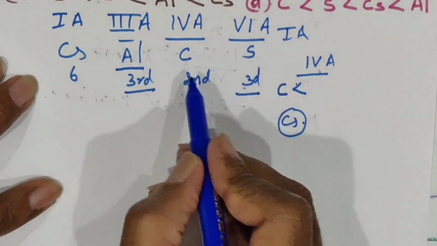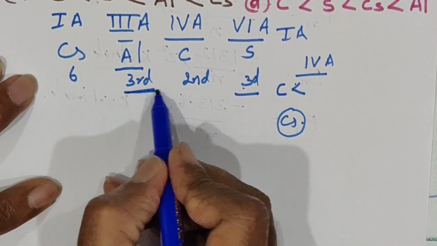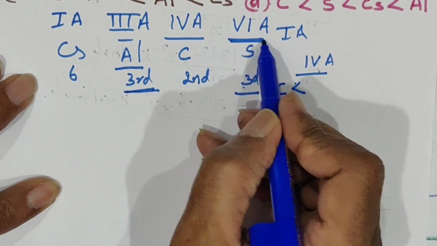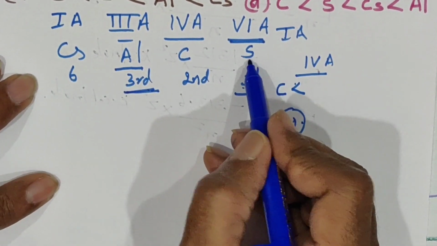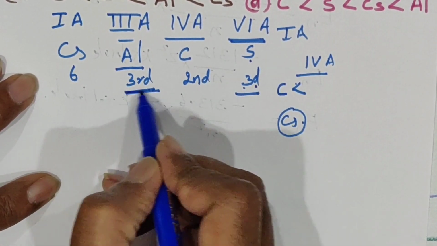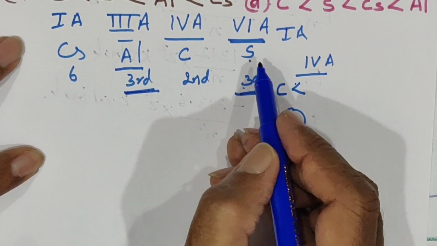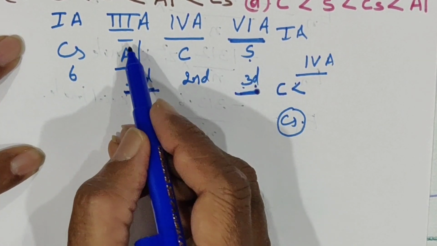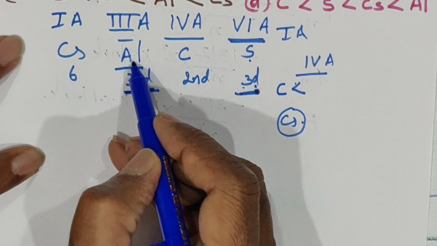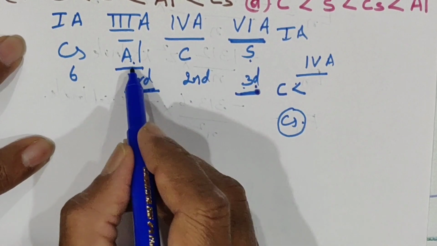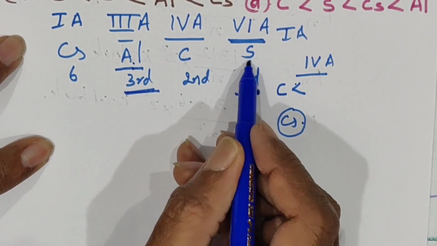Now you have to observe first aluminium and sulfur. Aluminium and sulfur both belong to 3rd period. Right? Aluminium belongs to 3rd A group and sulfur belongs to 6th A group. So in a period left to right, size decreases.